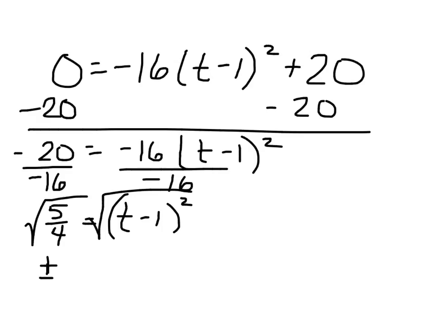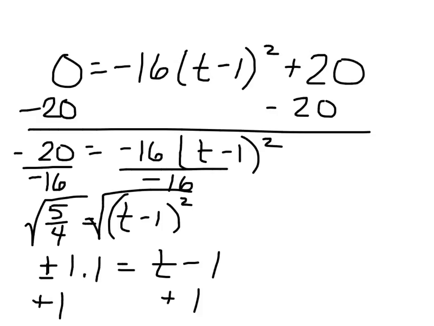Now, when you're dealing with problems like this, when it's a real life situation, you can square root a fraction and you're going to get a decimal. So if I take the square root of 5/4, I get 1.1 equals t minus 1. Now how do I solve for t? Add 1.